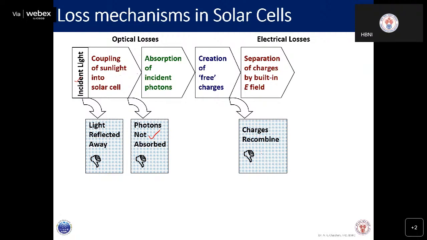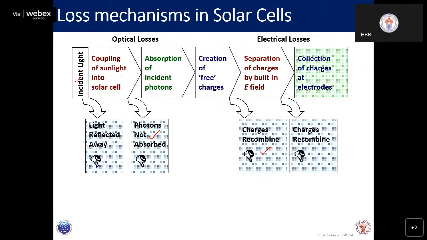Now these charges, the electron and hole pair which has been generated, have to be collected before they recombine. If they recombine, this is lost. If you have separated them due to the built-in electric field, these charges can again recombine while moving also. So first, they can recombine immediately after the electron-hole pair is generated, and then they can recombine while they are moving also.